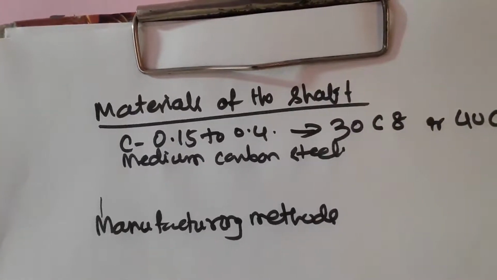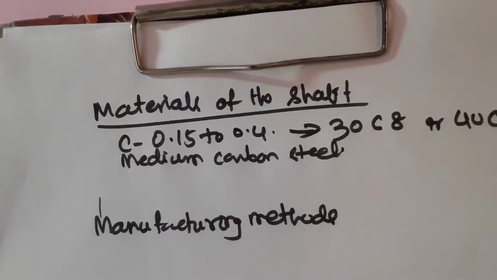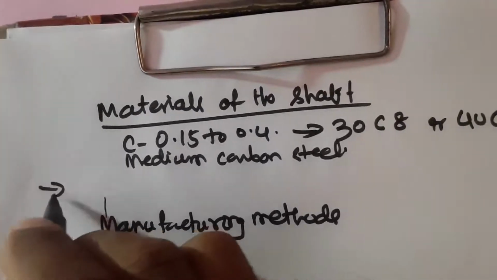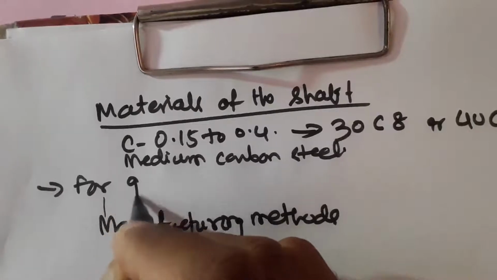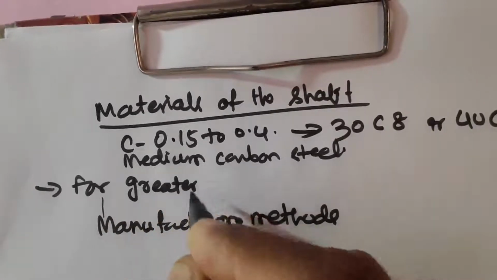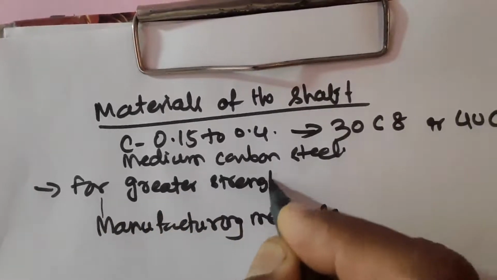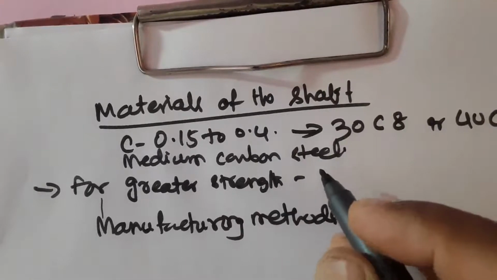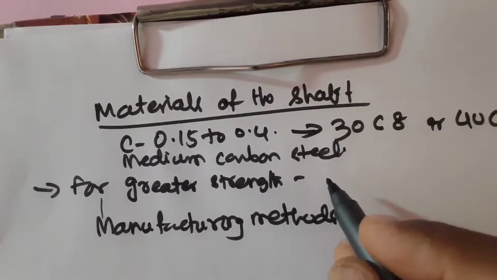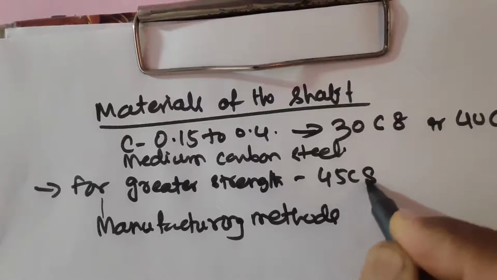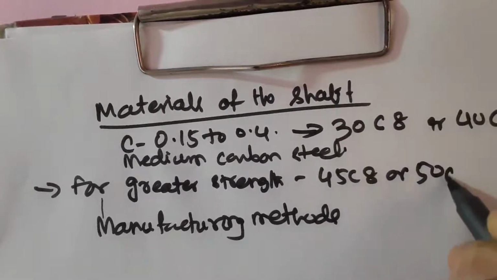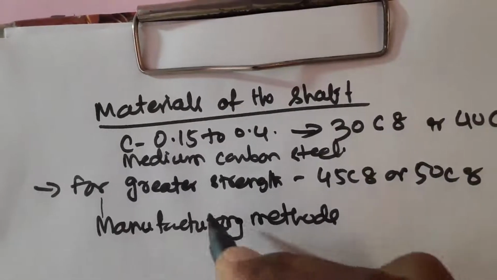There are places where greater strength is required. In that case we will use high carbon steels. So for greater strength of the shaft, we normally use high carbon steel, that is 45C8 or 50C8, or alloy steel.